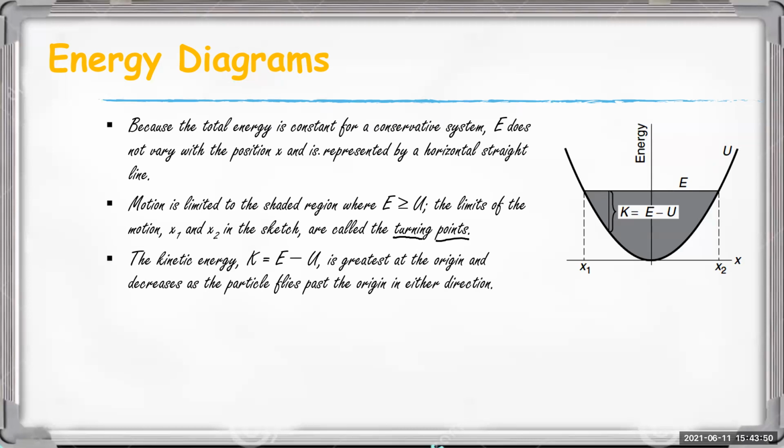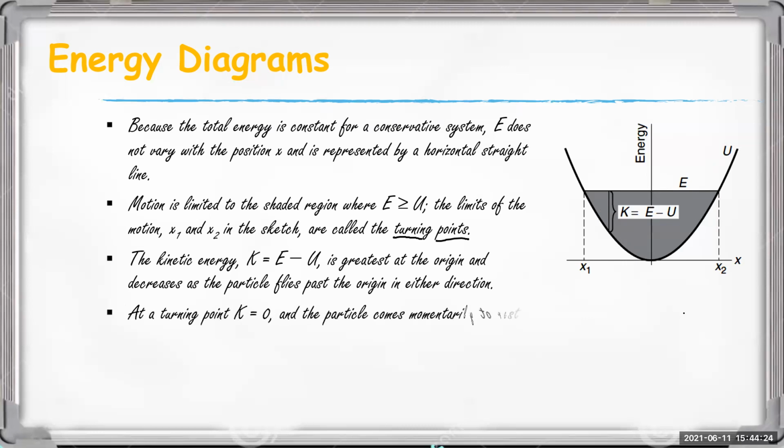We also mentioned that the kinetic energy is greatest at the origin and decreases as the particle flies past the origin in either direction. If we go this side or this side, the kinetic energy decreases and it must be equal to 0 when it is at the turning point.